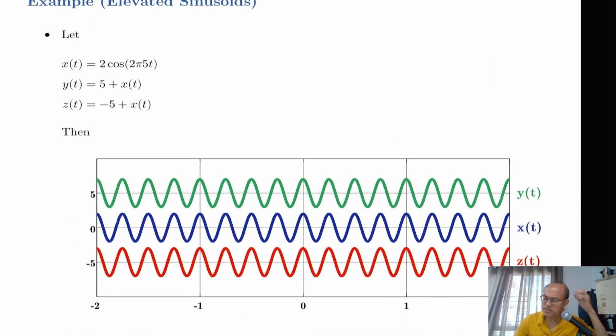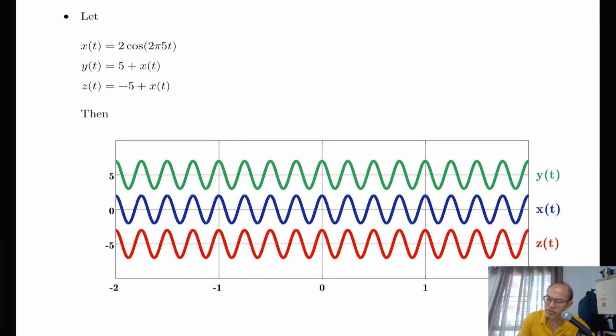Another signal, another example. Suppose x is 2 cosine of 2 pi 5t, and y is x shifted up by 5.